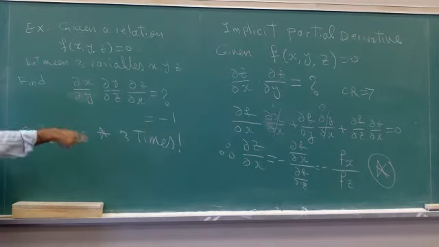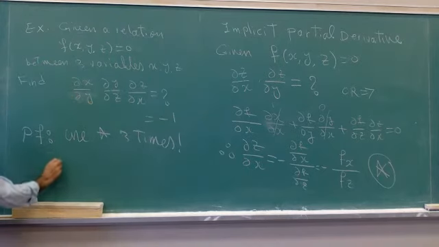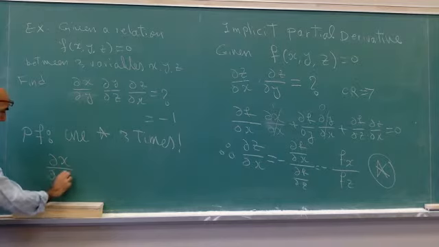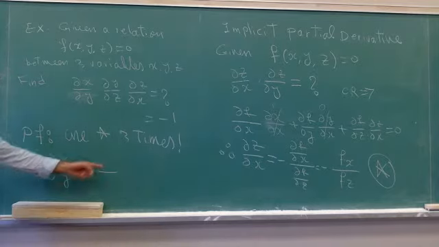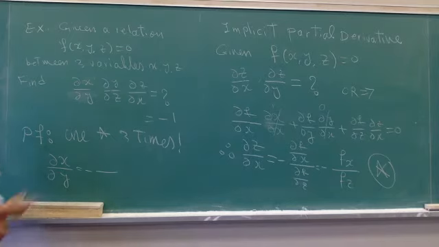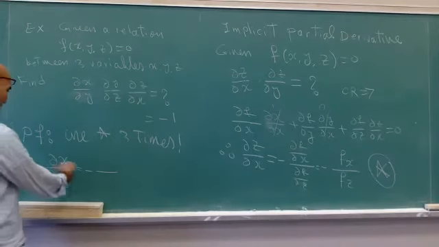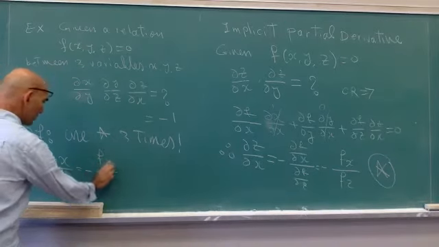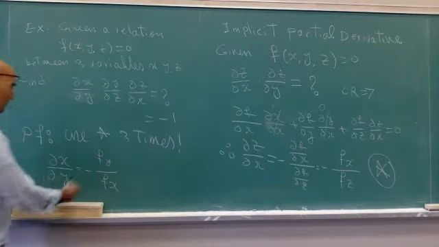Star tells me that dx/dy equals negative, well, what is this? Negative Fy over Fx, right? Negative Fy over Fx. This is Fy over Fx, right?